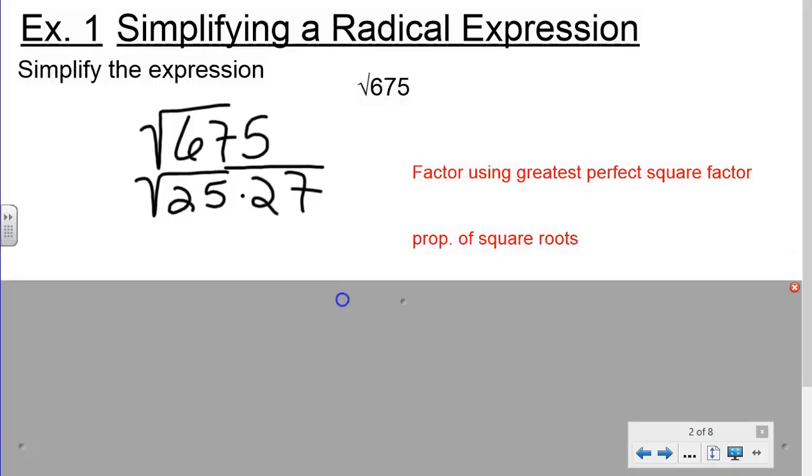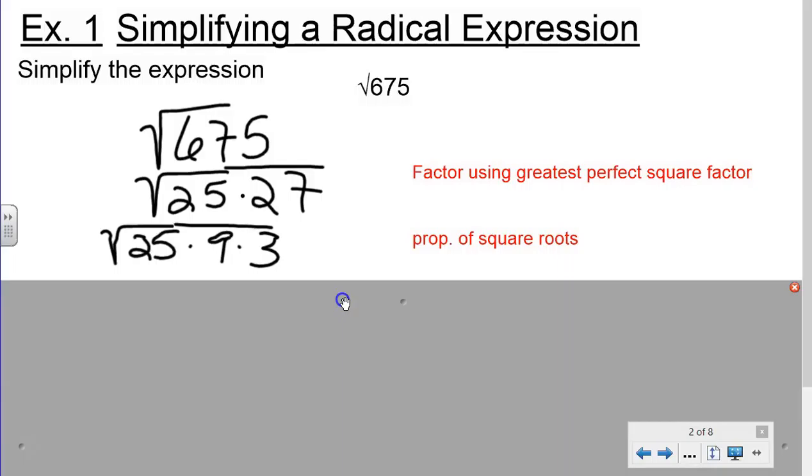Now the property of square roots, recall what it says? When you have two terms under your radical sign, you can separate them out, right? Well, do you notice 27? Does it have any perfect square factors also? Yes, 9. So this also could say square root of 25 times 9 times 3, right?